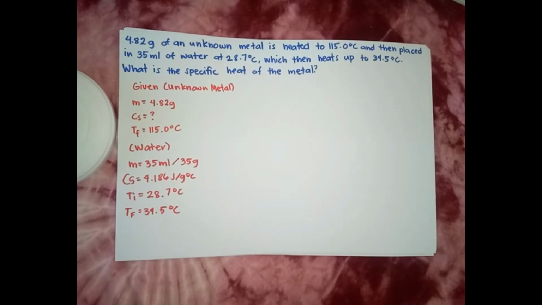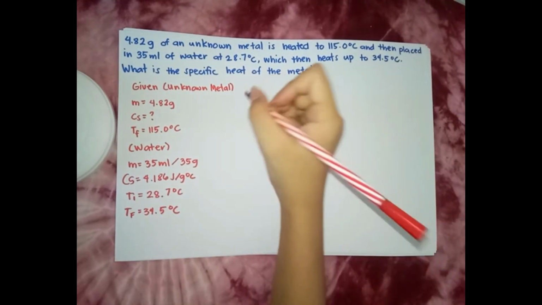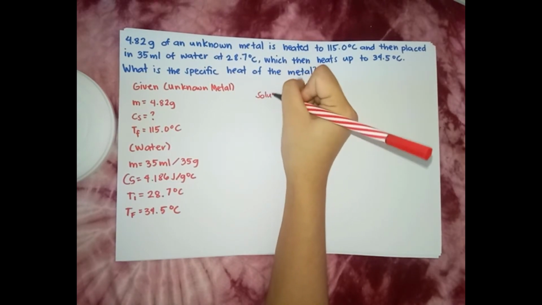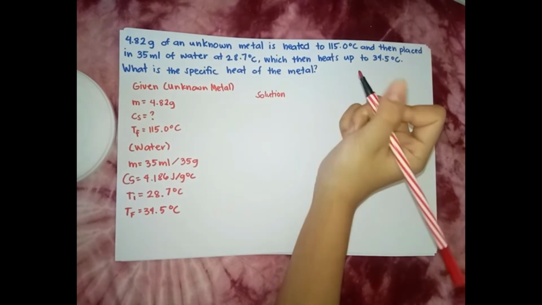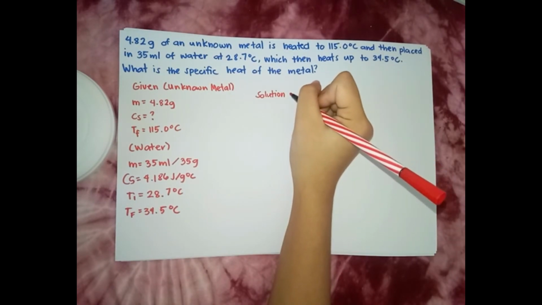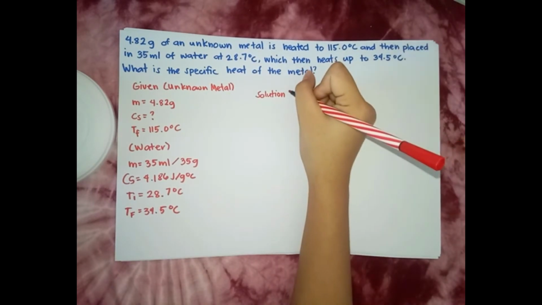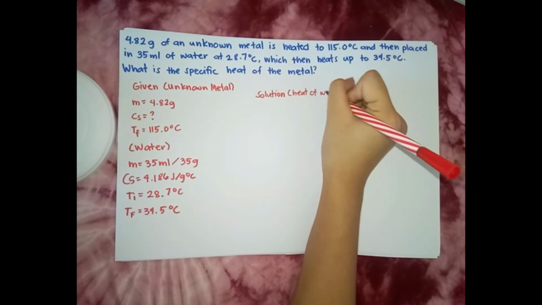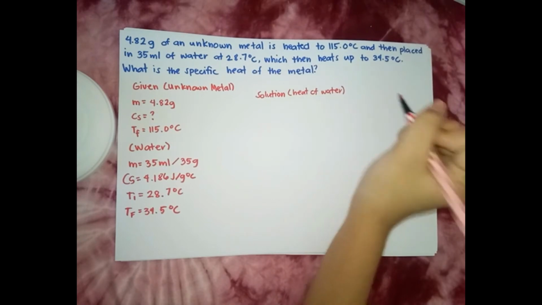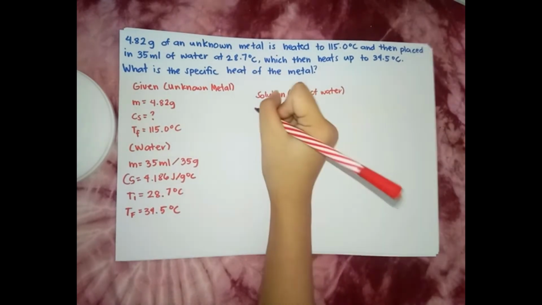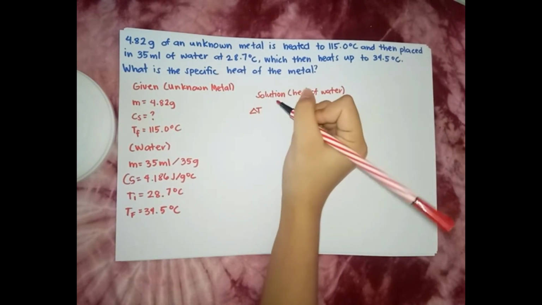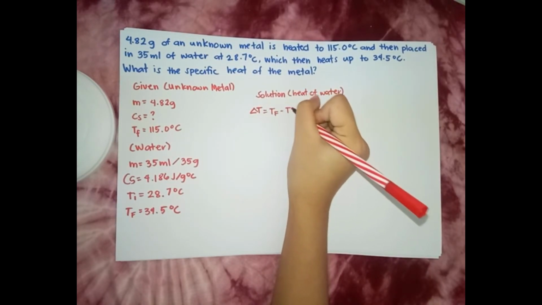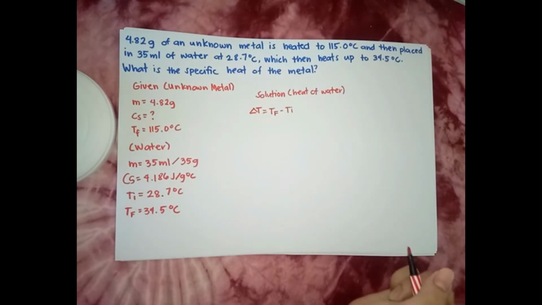So now that we are done writing down the given for the unknown metal and the water, we are now going to write down the solution for the heat of water. We're going to use the solution delta T equals the final temperature minus the initial temperature.